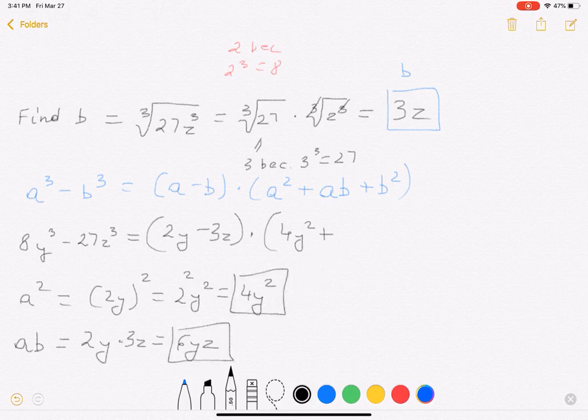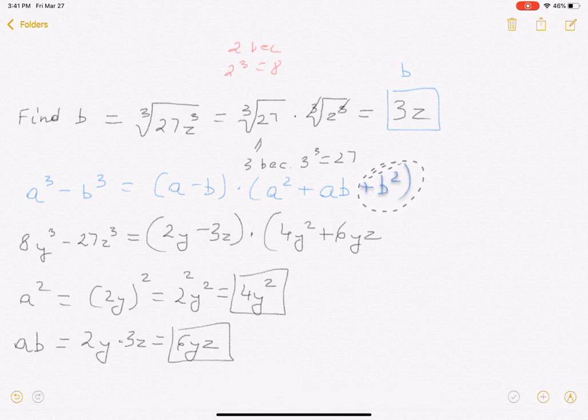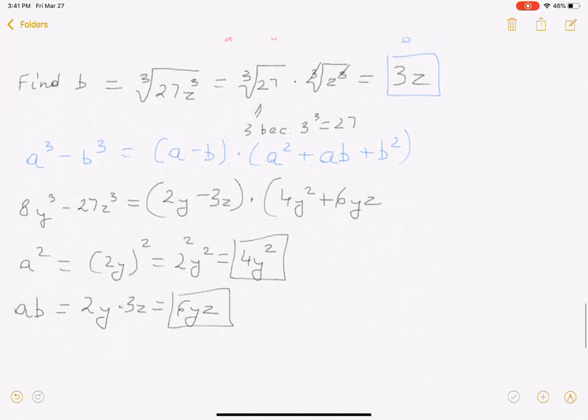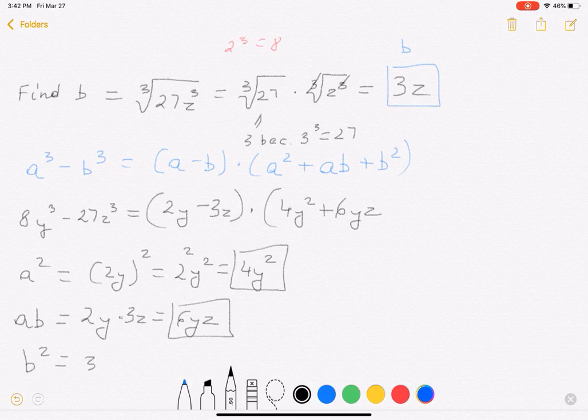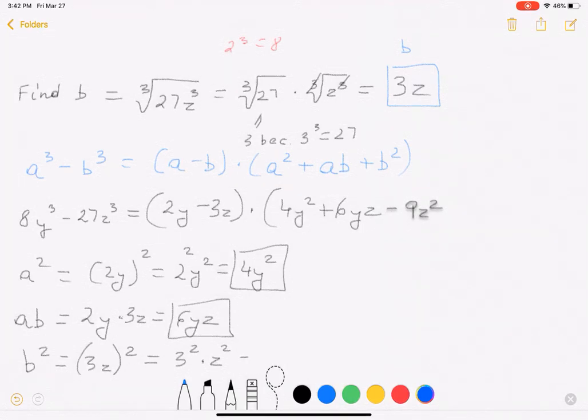So we're putting 6yz, and next, the last part, you need to just evaluate b square. B square. B was 3z, you need to square it, which means bring to a second power 3 and bring z to a second power, so you're getting 9z square. And that b square, which is 9z square, goes right here.